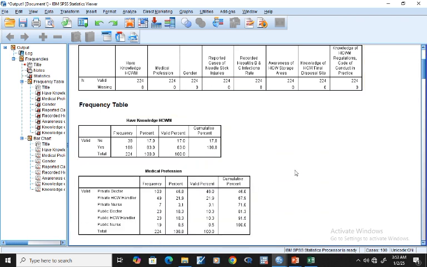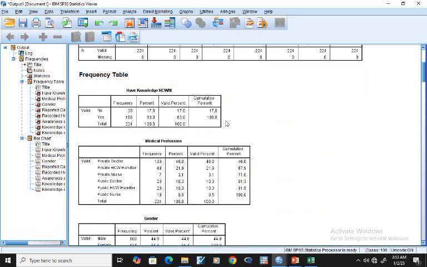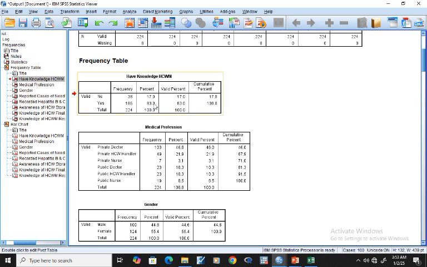Good. So let's see, have knowledge. Almost most of the respondents have knowledge at 83%. That's 186.